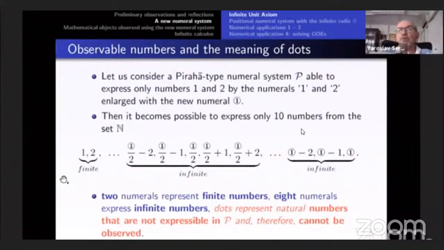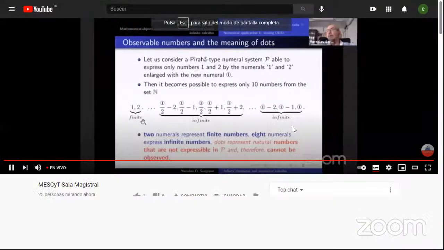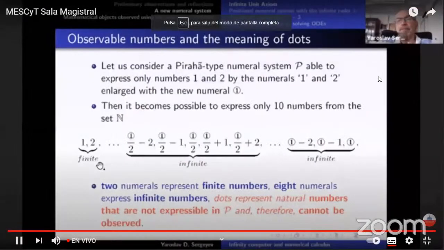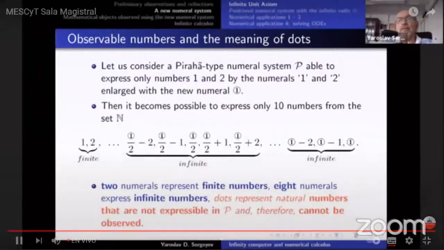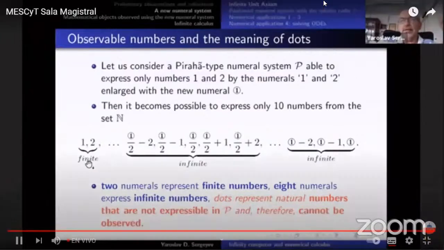Now, what will happen if we will execute the operation 1 plus 2? What will be the result? Piraha would say many, but we know that here first we have the numeral many, or quantifier many, if you like. And then we have gross 1 minus 1, and only this. So we are not able to express the answer 3.